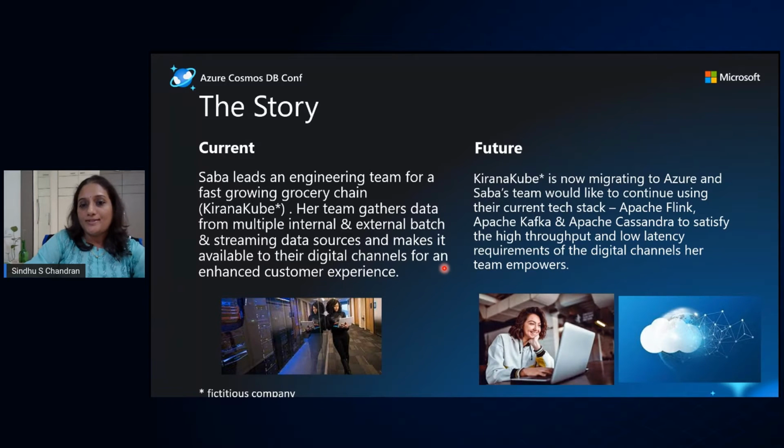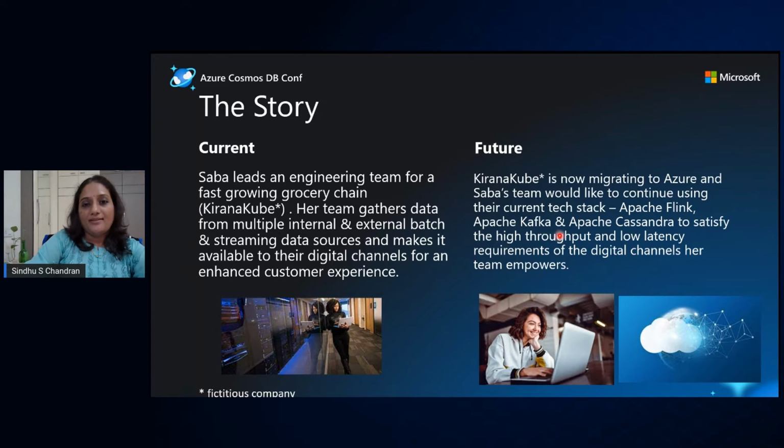And now Kirana Cube is on their journey to cloud, where they are invested in Azure cloud, and they would like to continue using their technology stack, which they have considerable investment on already, which is based on Apache Flink, Kafka, and Cassandra. They expect this to continue providing the same throughput and latency that they currently enjoy on their on-prem setup.